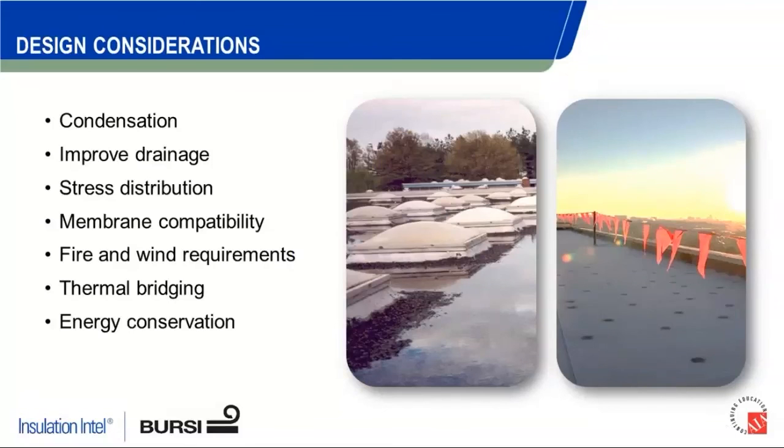Stress distribution is a conversation that circles around the use of cover boards, making sure the roofing system can withstand foot traffic and overburden, such as vegetative systems, patios, or other usable space.